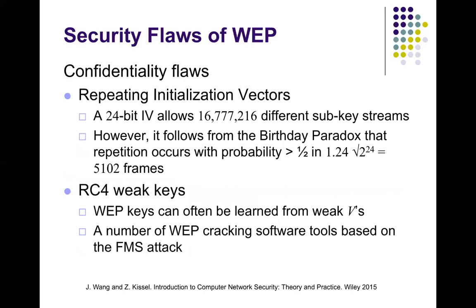Okay, so we have the following other security flaws of WEP. It's a confidentiality flaw. This has to do with encryption. ARC4 encryption is weak, okay?